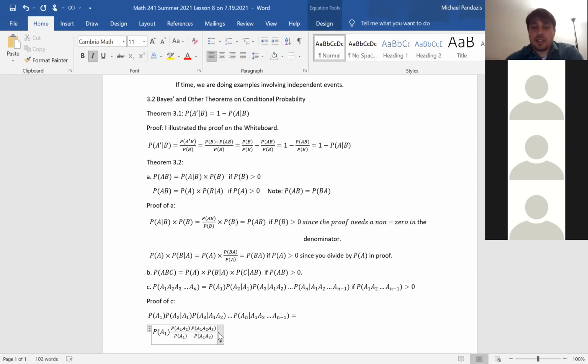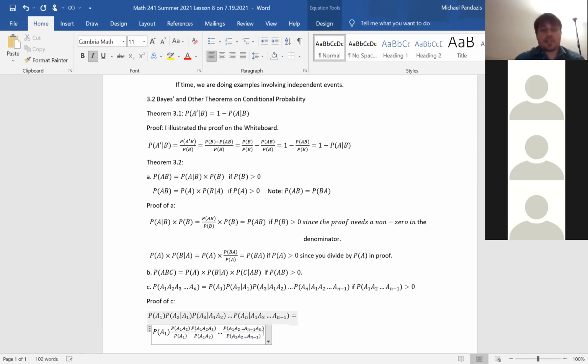But then you keep going with this product until you reach the last one, which is the probability of the intersection of all the events, A1, A2, up to A sub n minus 1 and A sub n, divided by the probability of the intersection of A1, A2, but only for the conditional parts, which is A sub n minus 1.